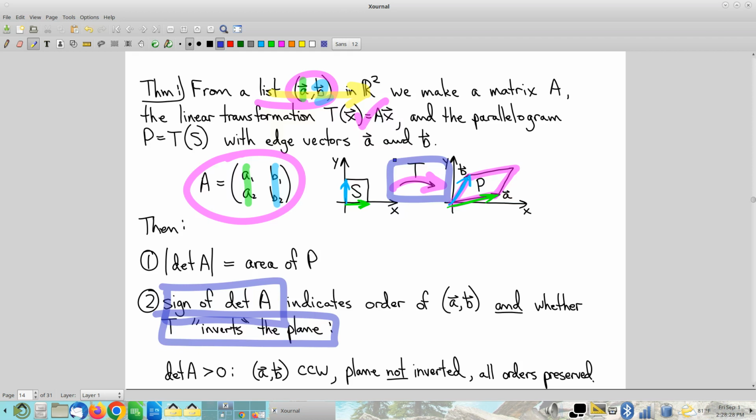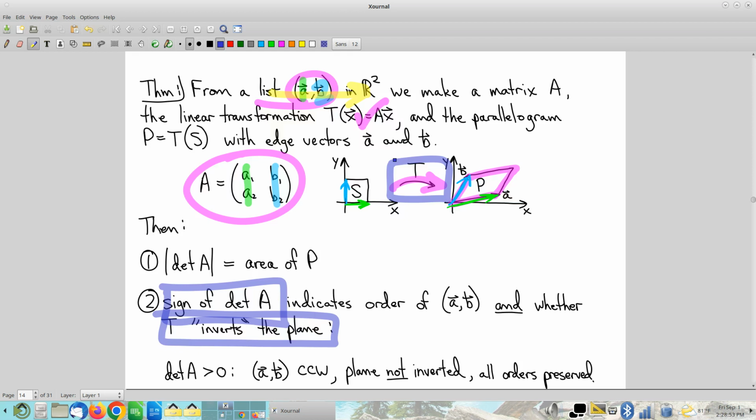E2 is always that. So the list E1, E2 is always counterclockwise. So if you take counterclockwise and you do a bunch of stuff and the result is still counterclockwise, there was no reflection involved in that process. There could have been a rotation, there could have been a magnification, a stretch, a shear, whatever. No reflection. Does that make sense?